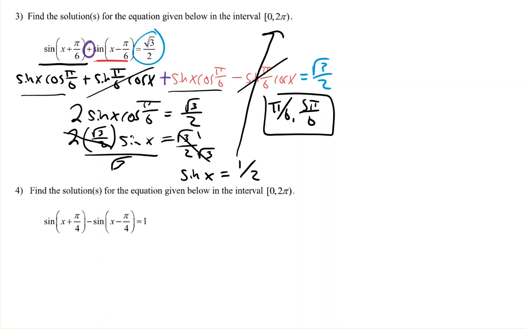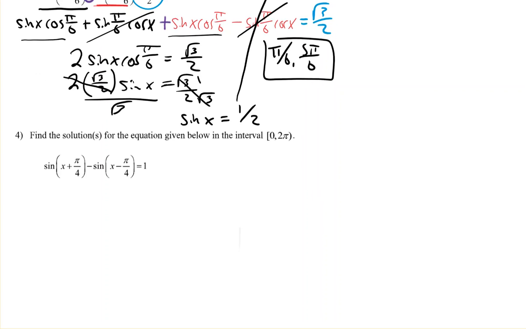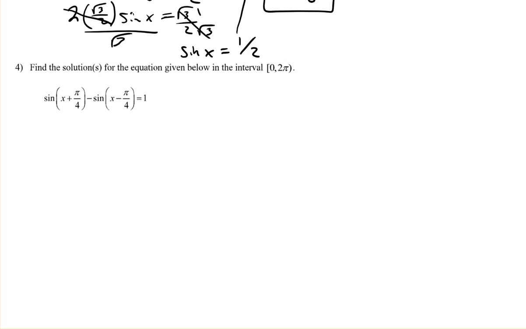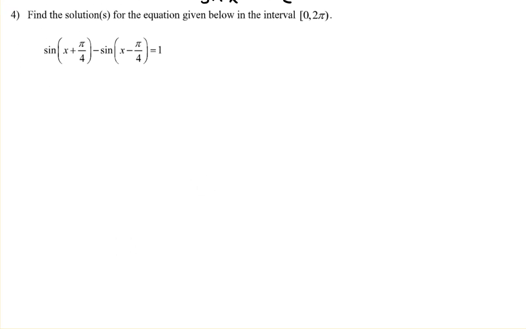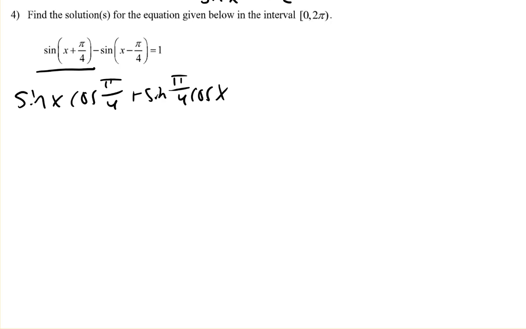So if you're impatient here, remember that you should be able to plug your answers into the original equation, and if it doesn't make it true, then it can't be right. But to do this, you should have applied the formula here. Then you have a minus sign.